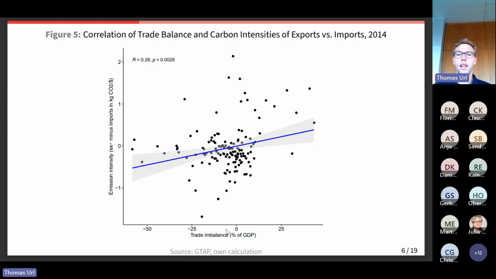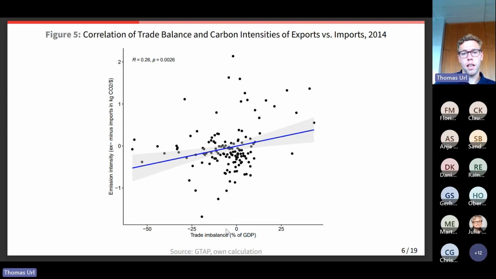Obviously, a lot of noise, and we're still figuring out if we can make this graph a little more appealing, to bin the countries or something. So there seems to be a weak correlation between trade imbalances and carbon intensity.